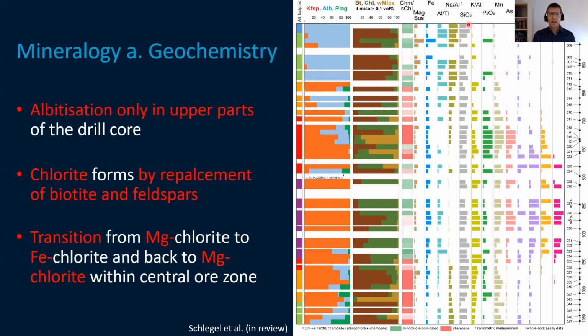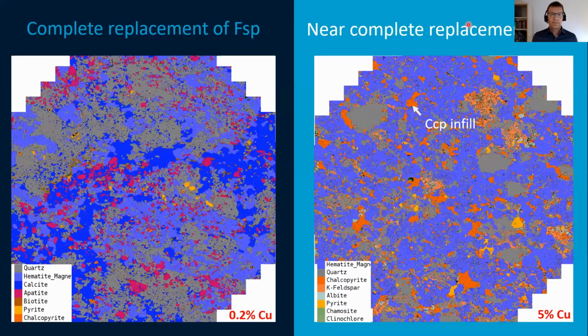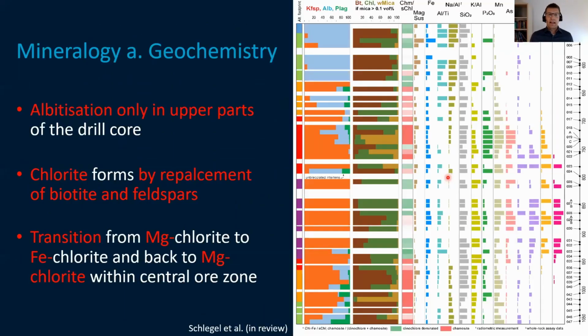I touched on the quartz amount, and if you look at the rocks, I had presented that there is an increase of free quartz towards the central ore zone. But when we look at the silica content, it's actually fairly stable, or might even be slightly decreased towards the ore zone.